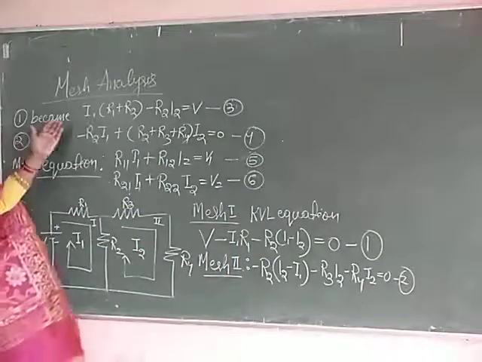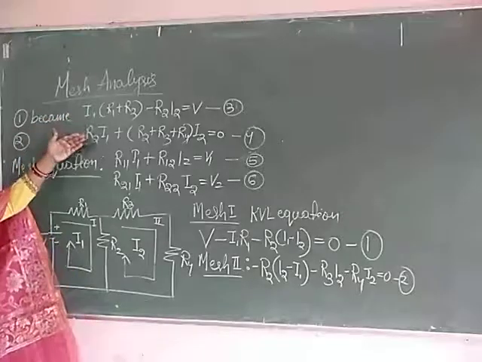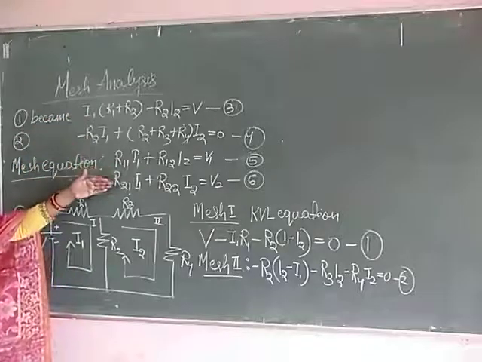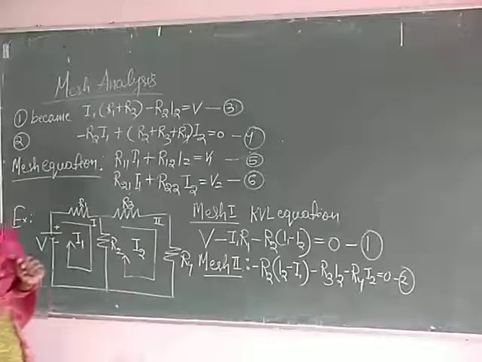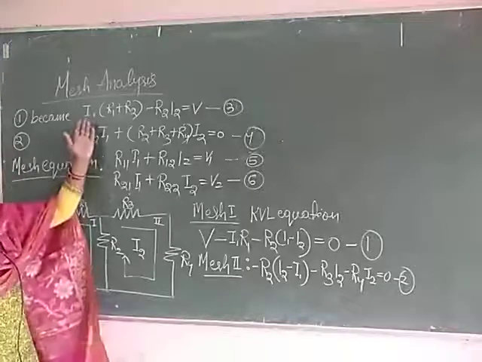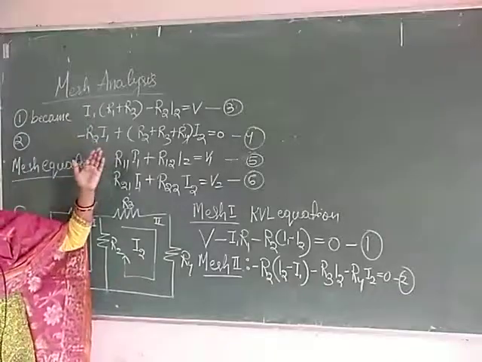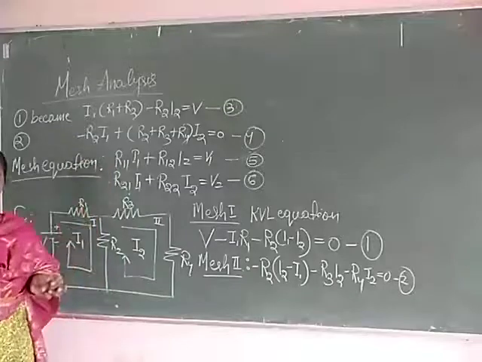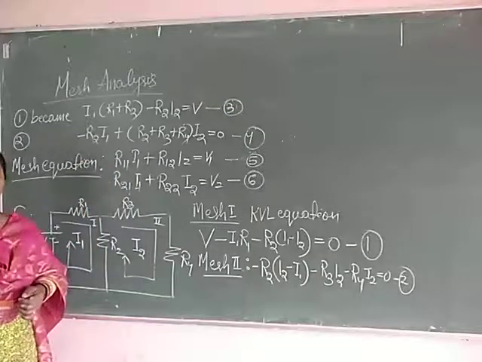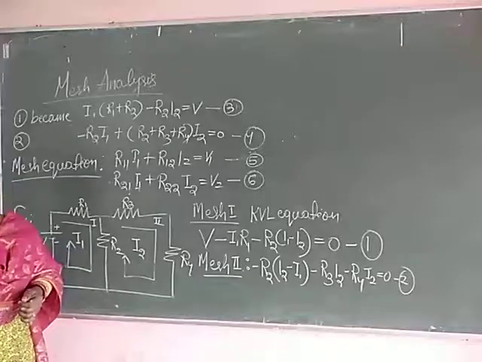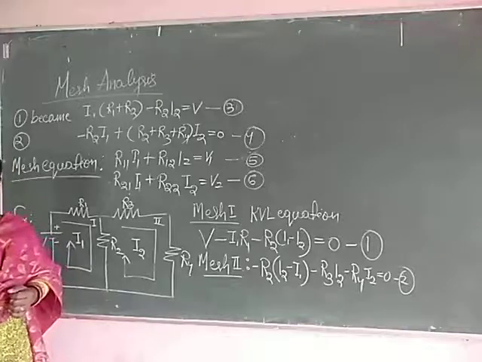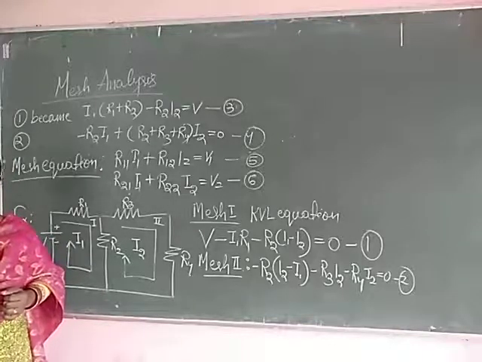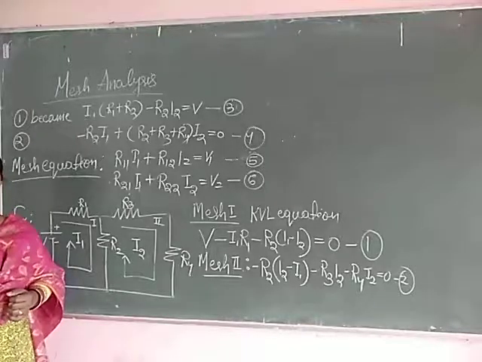If you compare equations 3 and 4 with equations 5 and 6, you get a conclusion that it consists of the self resistance in each mesh, again I repeat, self resistance in each mesh, mutual resistance between each pair of meshes, and sum of voltage in each mesh.